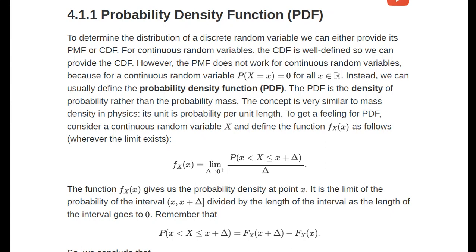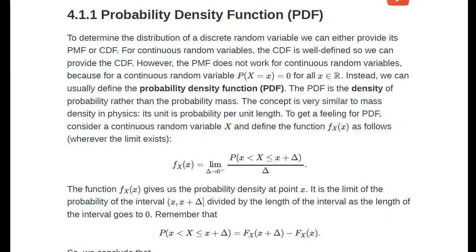For a continuous random variable, the cumulative distribution function is well defined, so we can provide the CDF. However, the probability function doesn't work for continuous random variables, because for a continuous random variable, probability of X equals x is 0 for all x element in real numbers. Instead, we can usually define the probability density function, PDF.